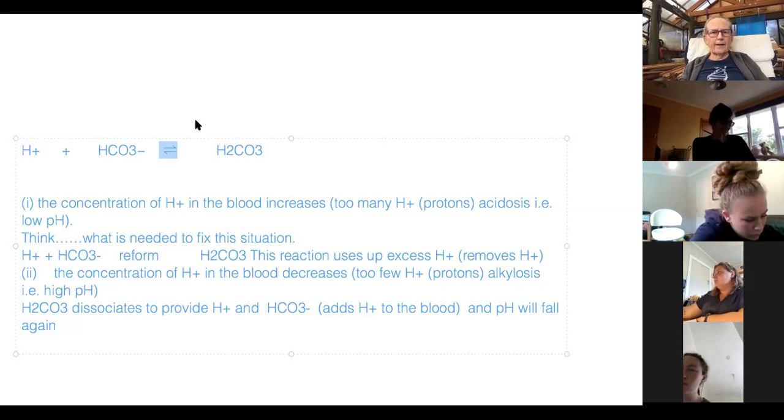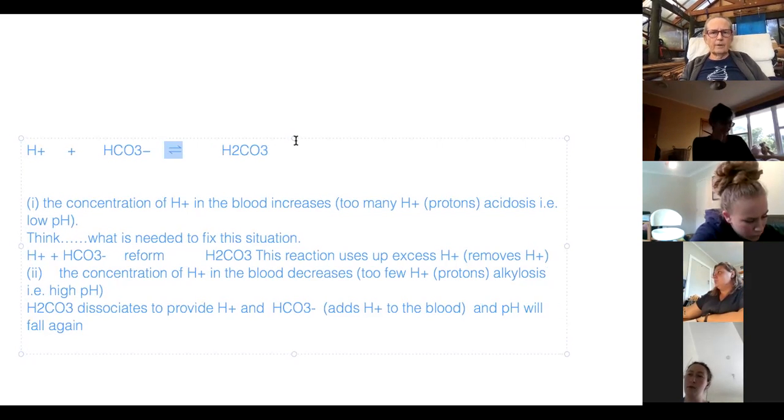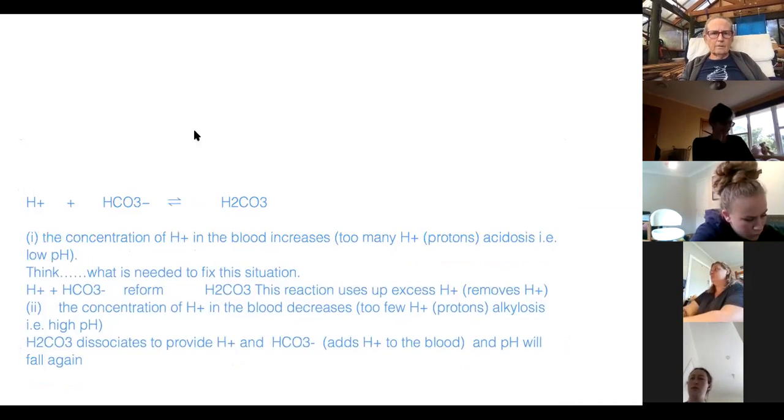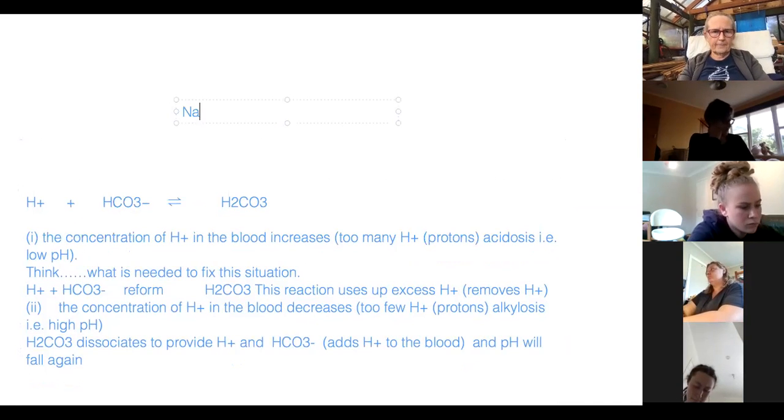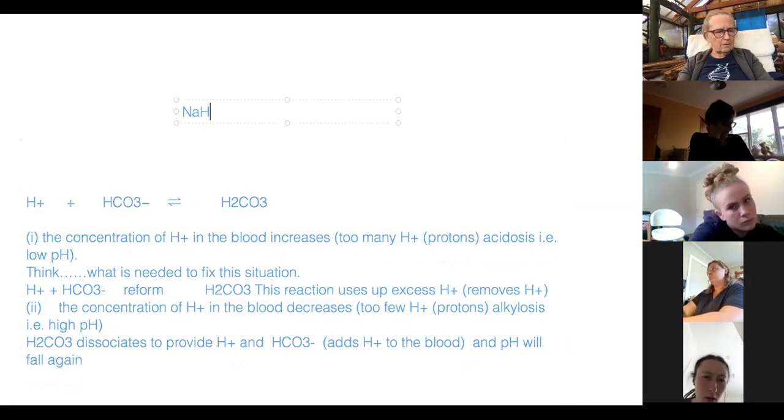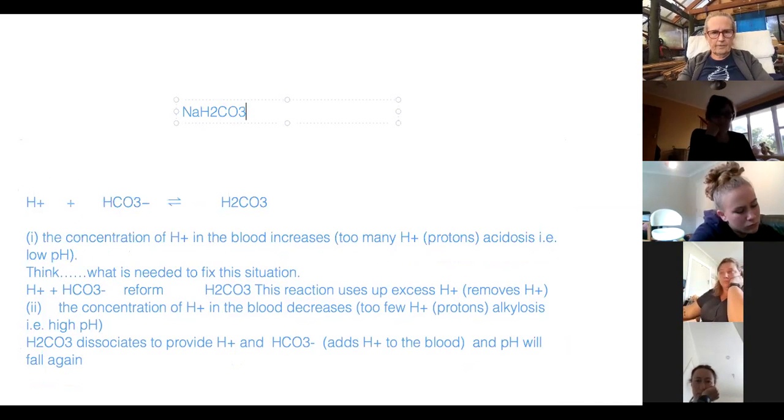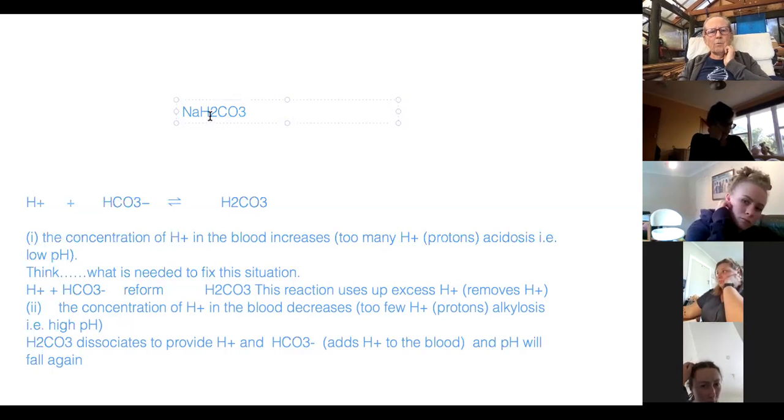So if we've got sodium bicarbonate, let's get rid of this. Well, can I put a new one in? If we've got sodium bicarbonate, Na. If I've got sodium bicarbonate, what kind of bond sharing is there?